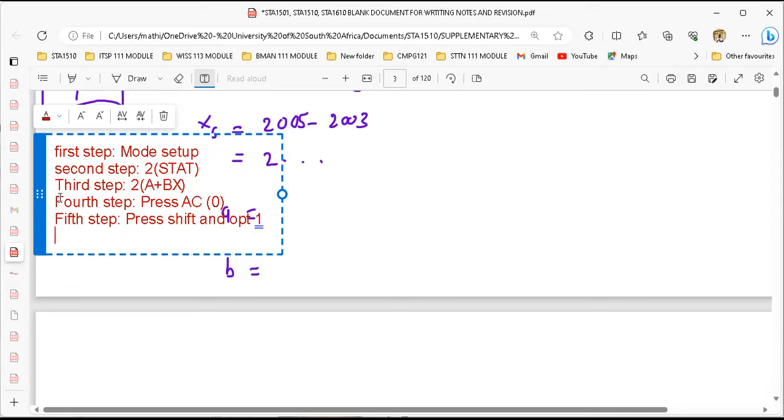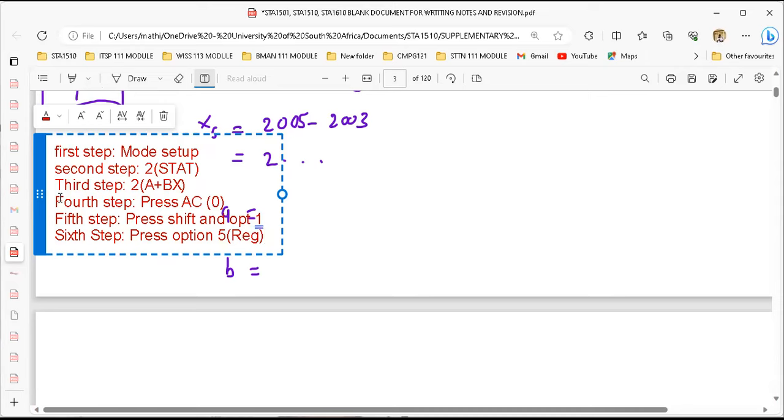And the sixth step, what do you do? Now you go to option 5. You press option 5, which is REG, which is regression.